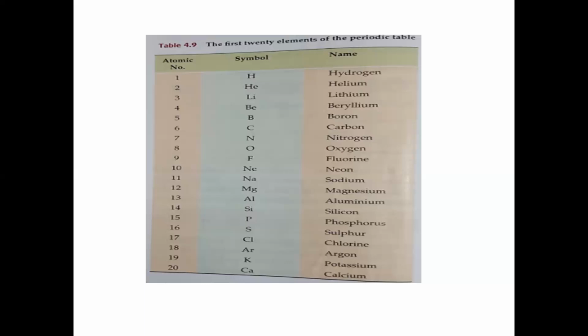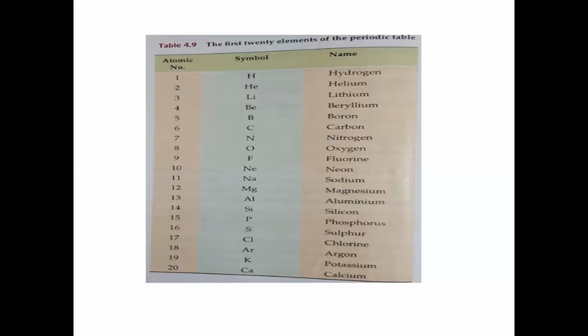Atomic number 14, symbol Si, and the name is silicon. Atomic number 15, symbol P, and the name is phosphorus. Atomic number 16, symbol S, and the name is sulfur. Atomic number 17, symbol Cl, and the name is chlorine.